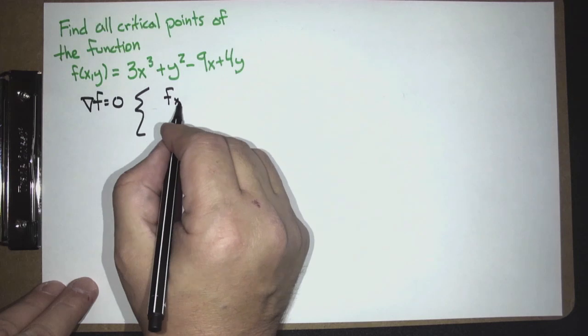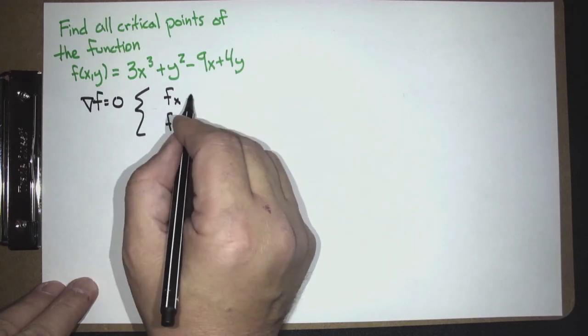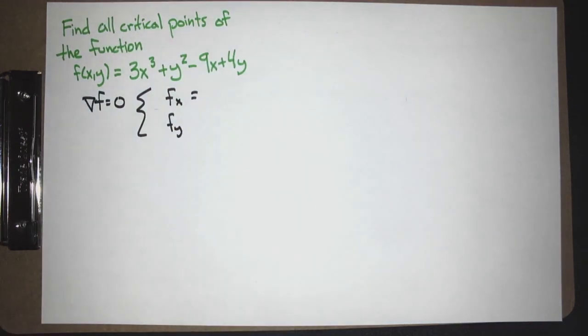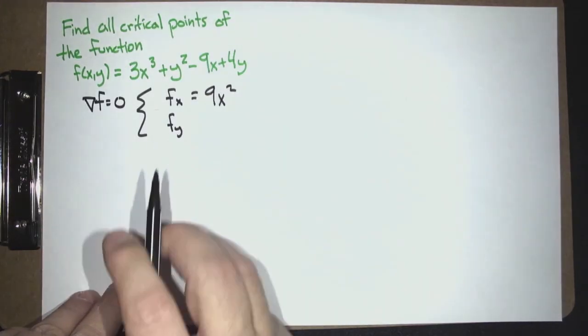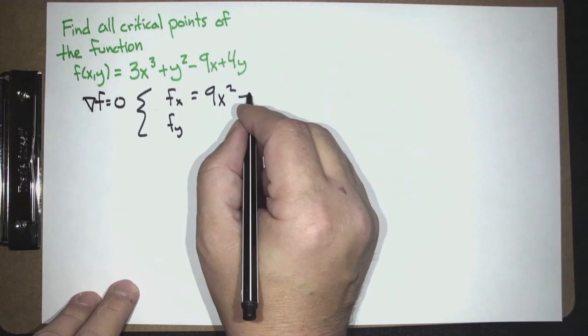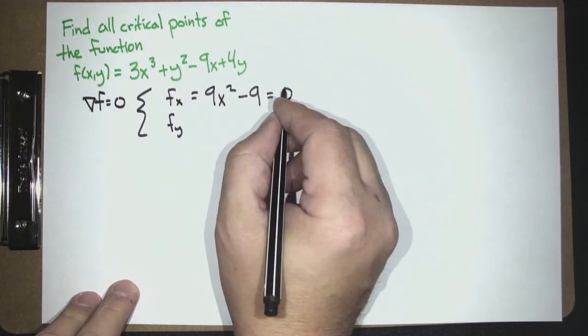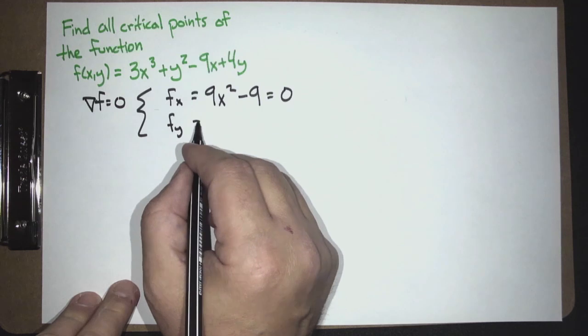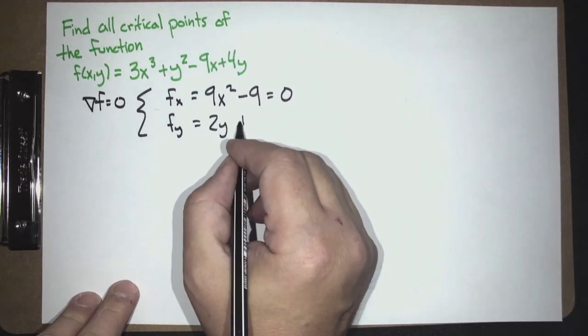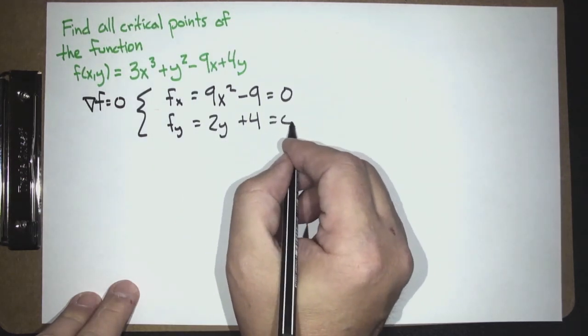We need f sub x and f sub y. So what is f sub x? 9x squared minus 9 equals 0. F sub y? 2y plus 4 equals 0.